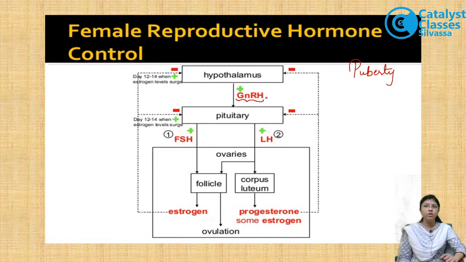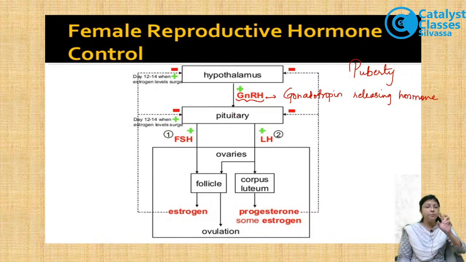Gonadotropin releasing hormone. Yes, you remember what GnRH stands for? It stands for gonadotropin releasing hormone. Now this hormone is actually released by what? Hypothalamus. The GnRH released from the hypothalamus is going to stimulate the pituitary gland.